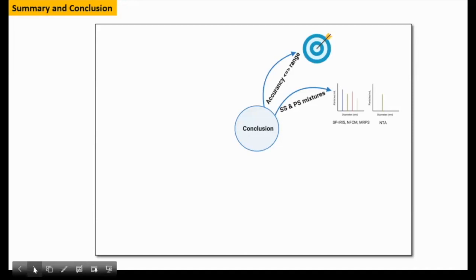We also showed you that the different size populations within a mixture of synthetic nanoparticles can be identified by SPIRS, MRPS, and nano-FCM, but not in our hand, at least, by NTA with the default setting.